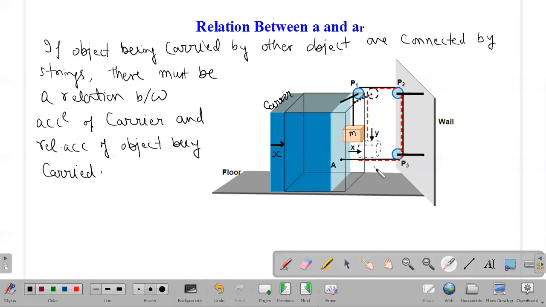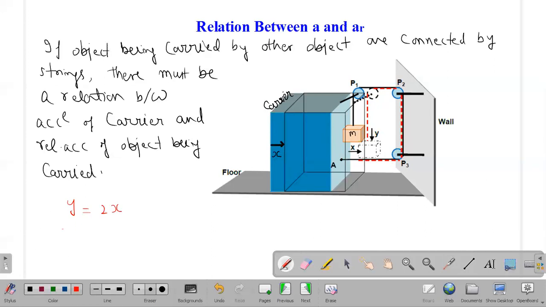So the horizontal string between P1, P2 and the horizontal string between point A and P3 are reducing. The total reduction in the horizontal portion is 2x, and therefore the total increment in the vertical portion should be 2x, and that means y should be equal to 2x.